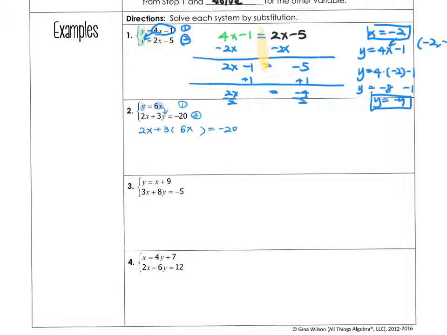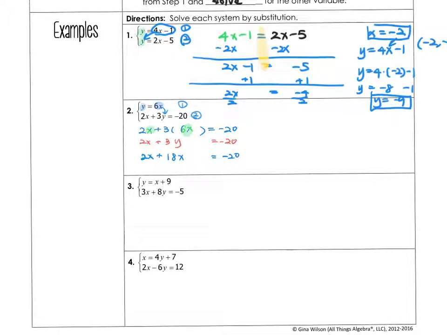And really, this is exactly the same as what I wrote in red, except that now by this manipulation, I have only x terms in my equation. So if I expand that, oops, sorry, that should be blue. 2x plus 3 times 6 is 18x equals negative 20.